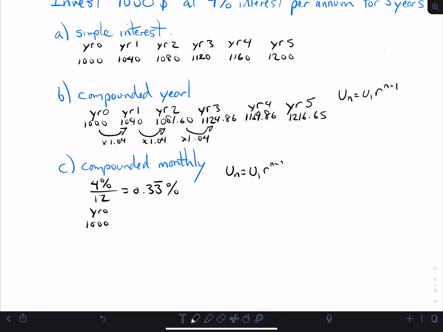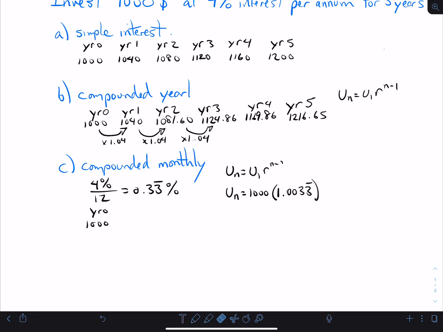So what do I know here? Well, I know the initial amount is 1,000. I know my rate is 100% plus 0.33%. I'm trying not to round off, so I'm going to keep that little 3333333. Now, how many times do I make this calculation?